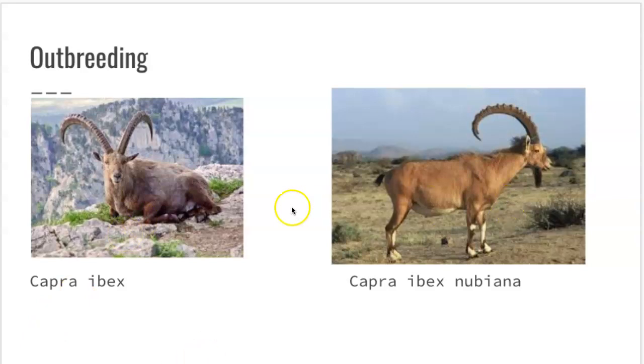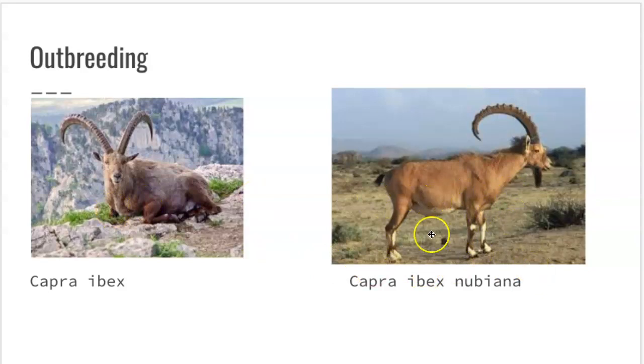So when that happened, these ibex, you can see the terrain is much more arid, it's much warmer, whereas this environment was a lot colder and it was more mountainous. So they had different genes that were well adapted to their particular environments.